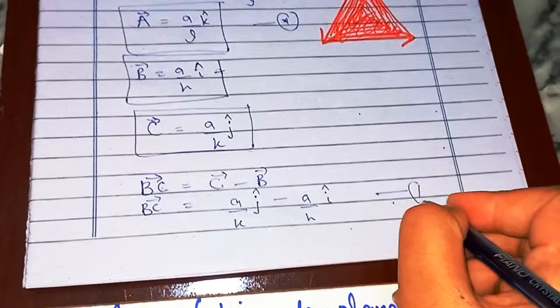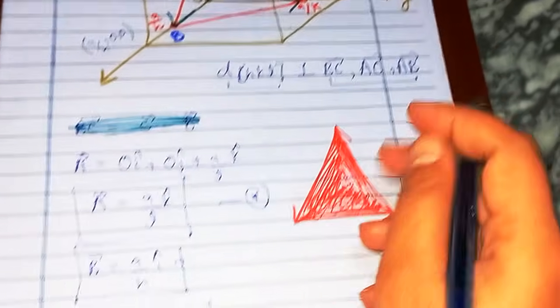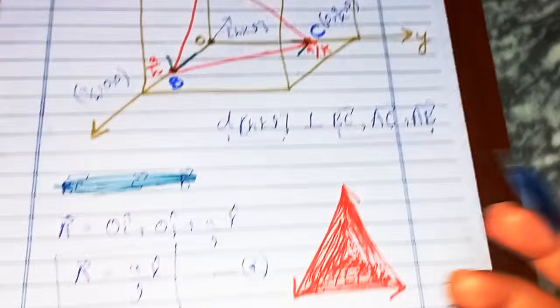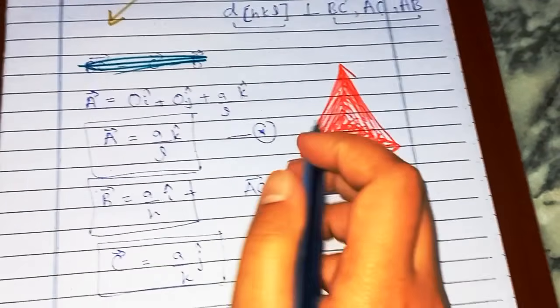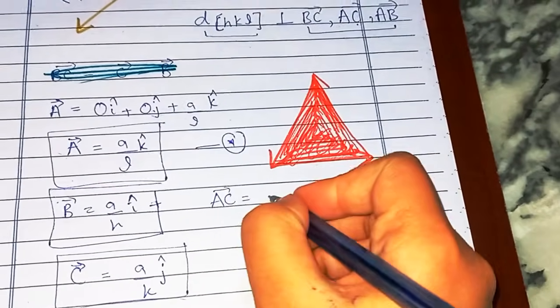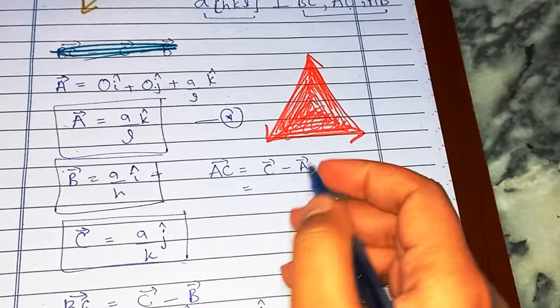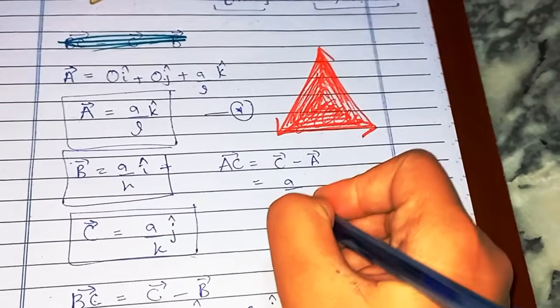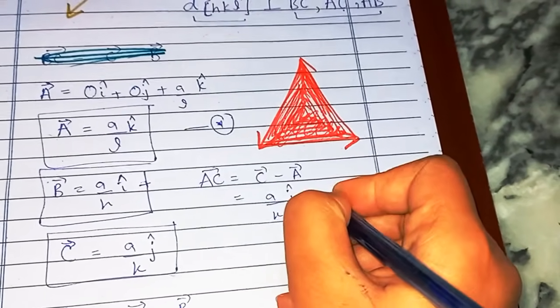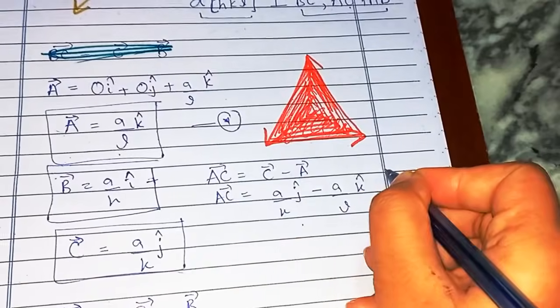We'll be using it later. Let's write the AC or CA, that doesn't matter. Whatever pattern or order you are using doesn't matter here. So C minus A, C is a by k j hat minus A, which is a by l k hat. This is AC.